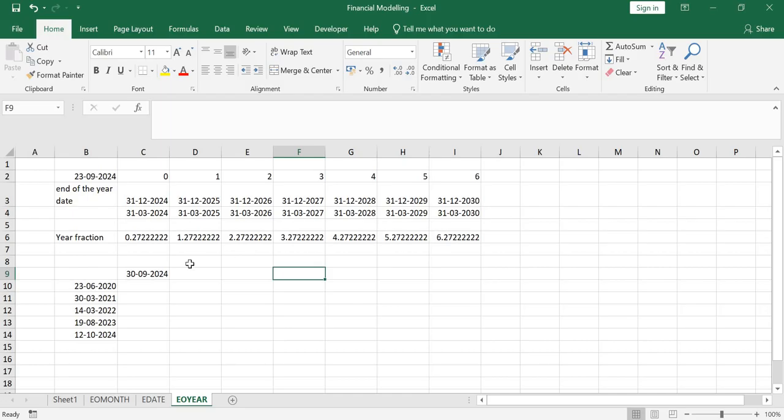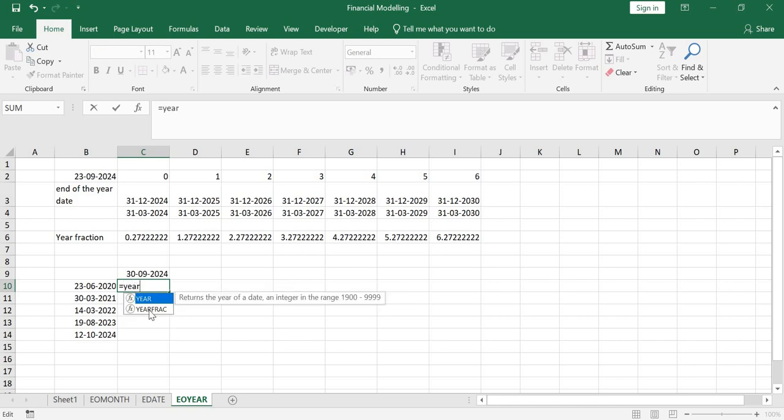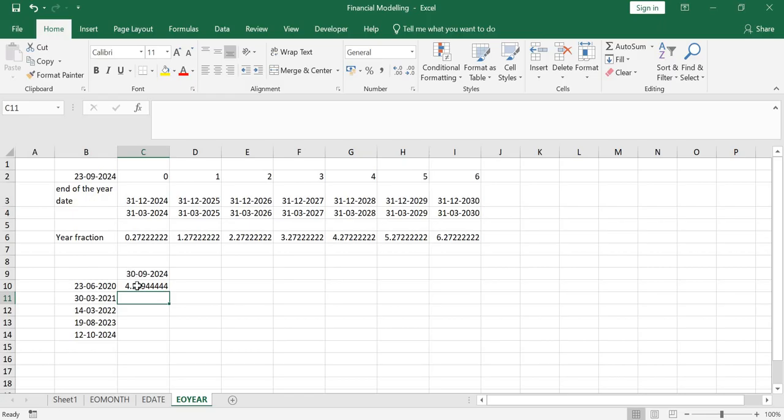Now again, the year frac command, we can use it in this way also. Suppose these are the dates, and let's say today's date is 30th of September 2024, and I want the exact time period between these two dates. So again, year frac and your start date, comma, your end date, and enter.